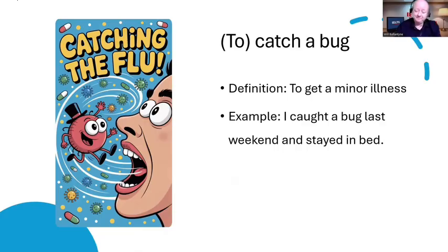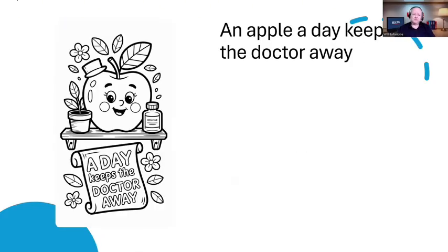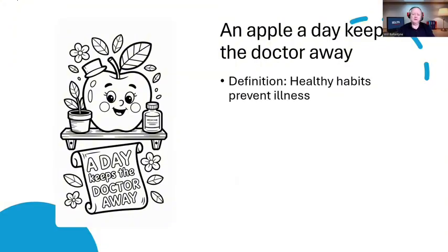For example, I caught a bug last weekend and stayed in bed with the bug, I suppose, annoying you until it went away again. And an apple a day keeps the doctor away. It's something that certainly when I was young, I would hear this from my grandmother, and it's one of these sayings, idiomatic sayings, that has been passed down from generation to generation. So an apple a day keeps the doctor away means if you have healthy habits, you won't have any need to go to the doctor because you will not be ill.